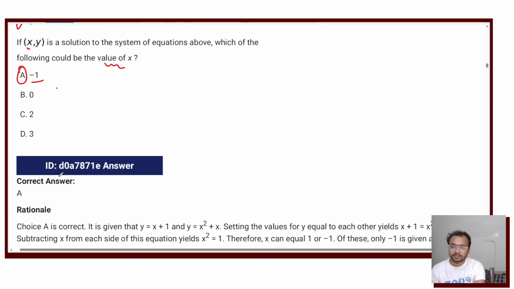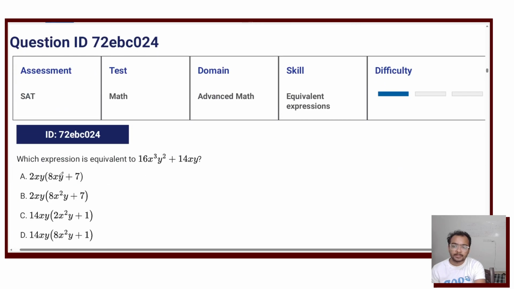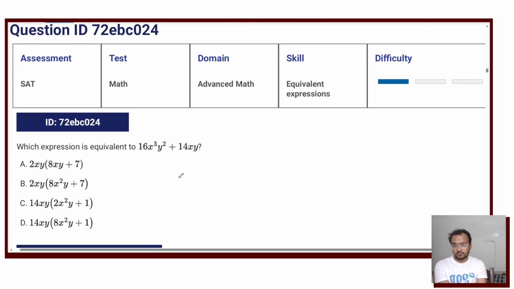Now, which expression is equivalent to this? So in this problem, either we can solve it algebraically, or we can plug in some values of x and y and check. Let's go with the conventional way of solving. So we have x, y in both the terms, and 2 can also be taken common.